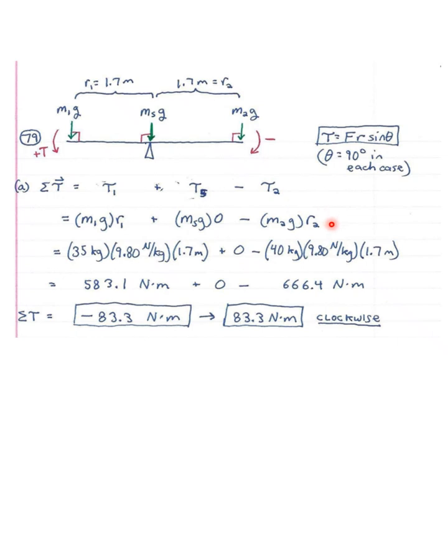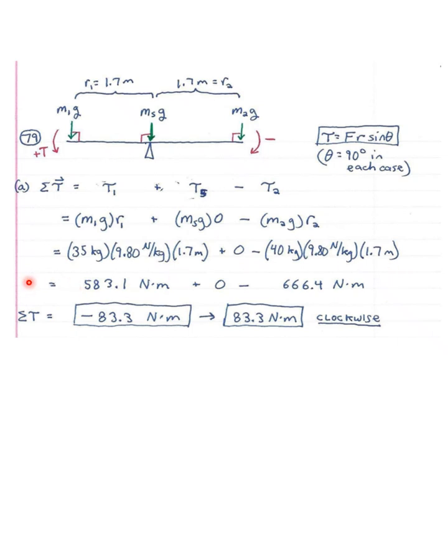And so now we put in the values, 35 kilograms times 9.8 newtons per kilogram times 1.7 meters. The seesaw doesn't add any torque, but I've left that 0 in there. Then minus 40 kilograms times 9.8 times 1.7 meters.